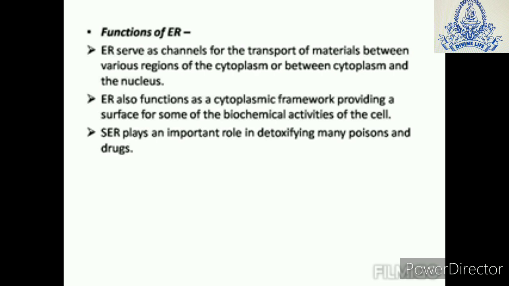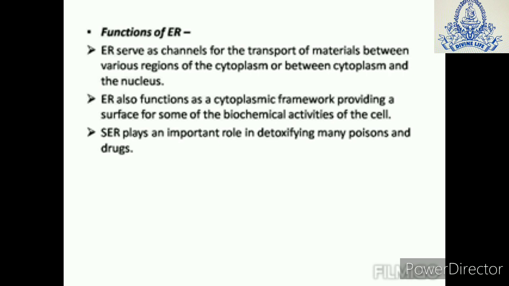Let us see the functions of endoplasmic reticulum. Here endoplasmic reticulum serves as a channel for the transport of material between the various regions of the cytoplasm and between the cytoplasm and the nucleus. Channels means the pathway through which the materials can be transported from one region to another region in the cytoplasm or between the cytoplasm and the nucleus.